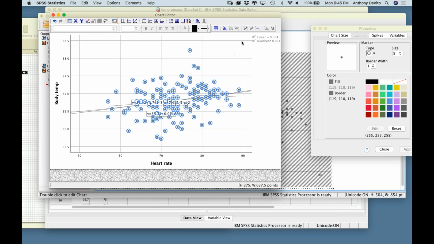But if you have one that's at the far end or the low end of the range for the x-axis, it's going to tend to drastically affect the slope of that line. The slope is particularly important to us because it tells us the relationship between heart rate and body temperature.